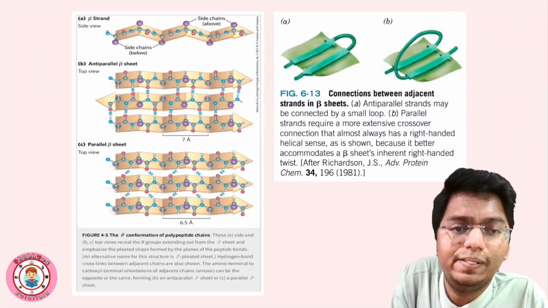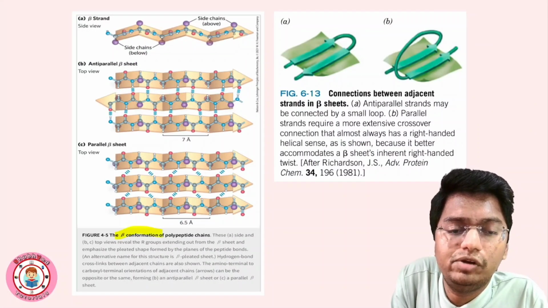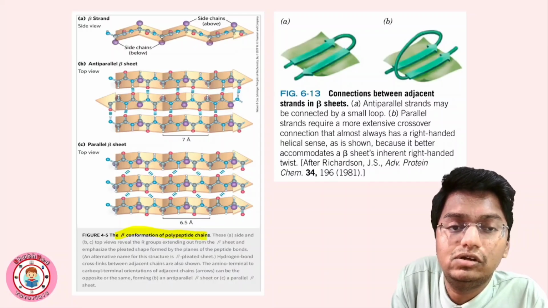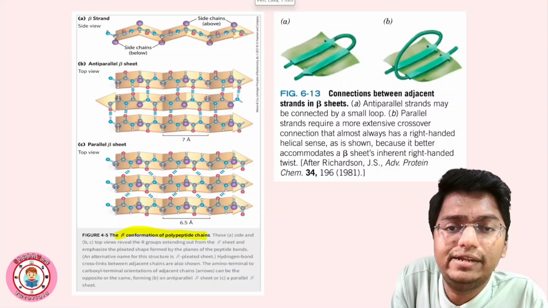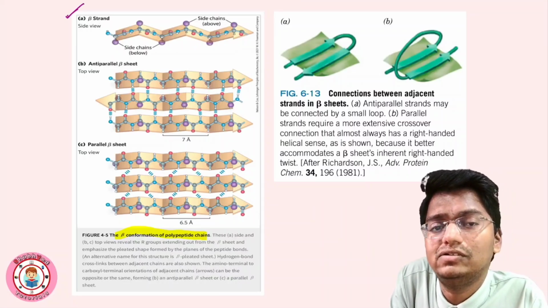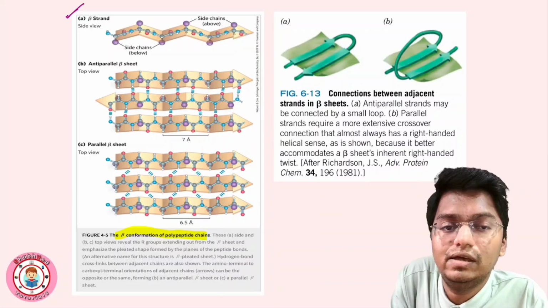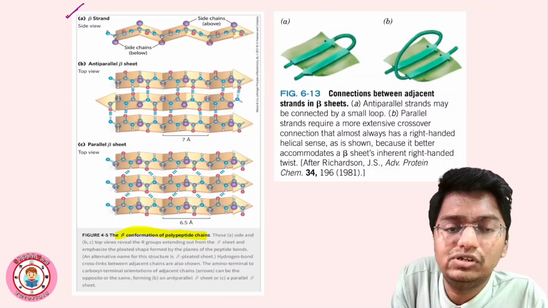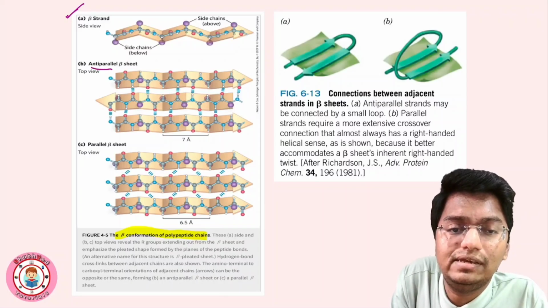Okay, बीटा कन्फर्मेशन ऑफ पॉलीपेप्टाइड चेन. जो ये पिक्चर है दैट इज बीटा स्ट्रैंड. बीटा स्ट्रैंड इज सीन जब सिंगल चेन है. When there are multiple chains, then it gives rise to sheet. अभी anti parallel means you can see arrows, anti parallel है.